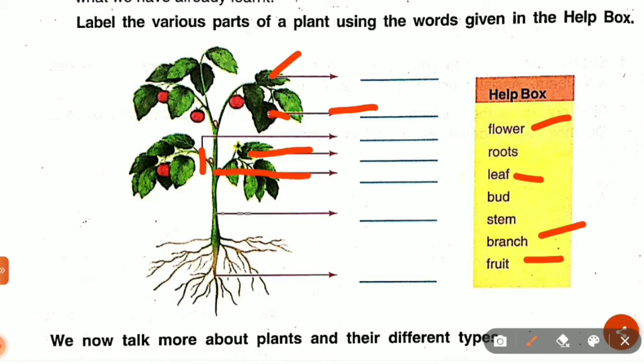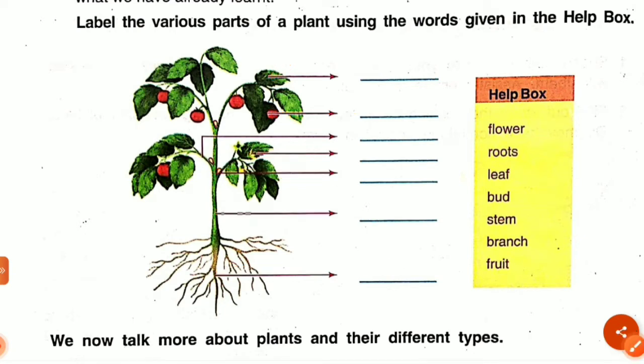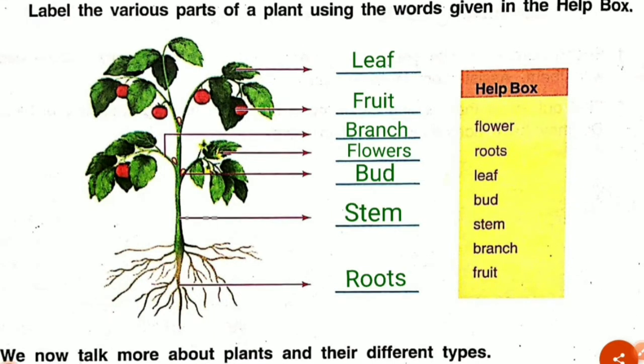So what is next one? The next one is this. What is that? That is the bud. And the next one is stem. And the last one is roots. That is correct. Now I will show you. I have written it for you.